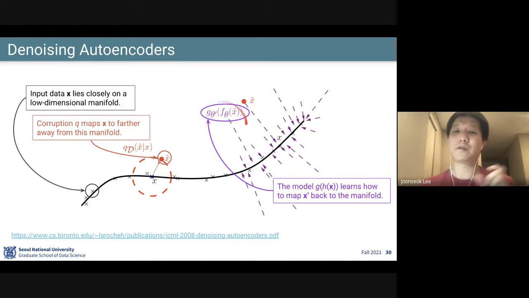Once this model encodes and then decodes, the output is compared against the actual image. So the model learns how to map it back to a more plausible image space. That's how they interpret why this is useful in the paper. It's kind of an interesting idea.